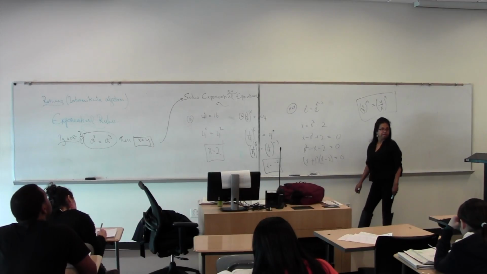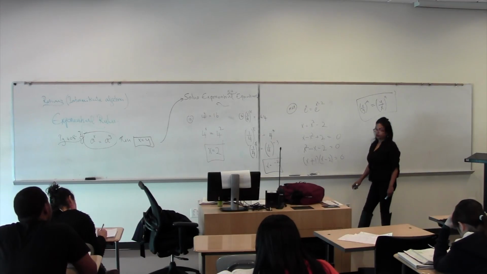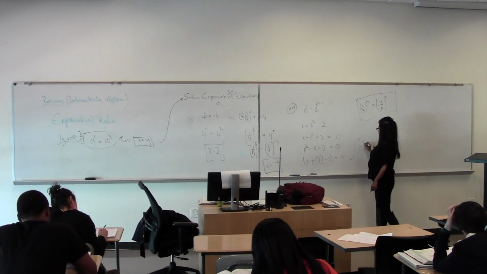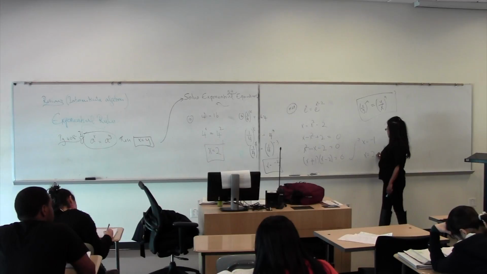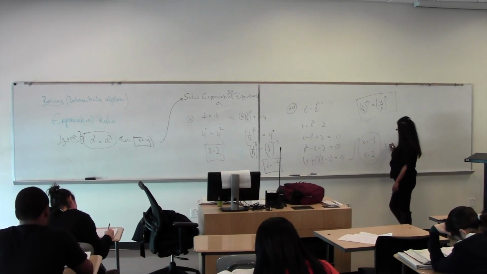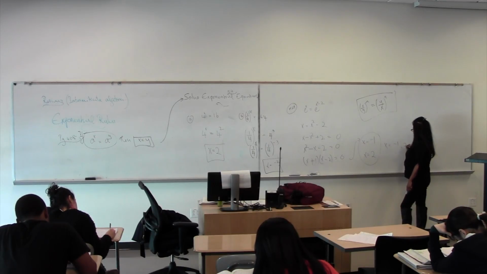Good. So what's the answer to this? x is equal to negative 1 and x is equal to positive 2. So two answers: x equal to negative 1, positive 2.